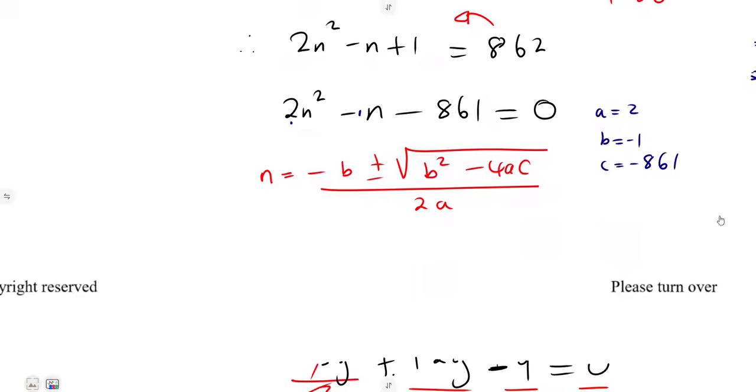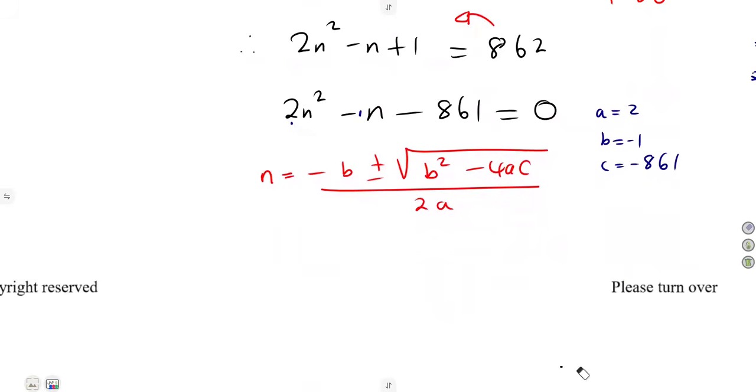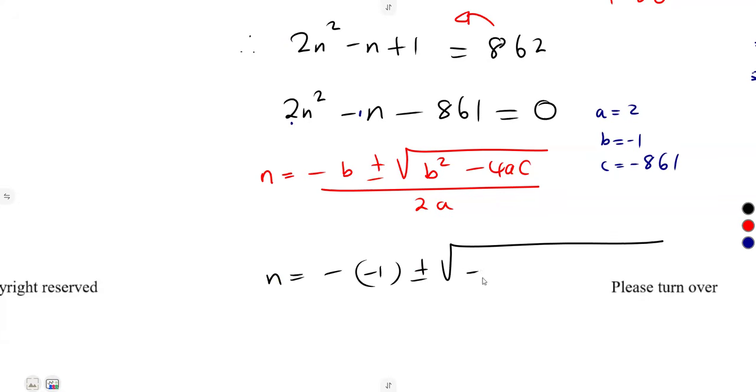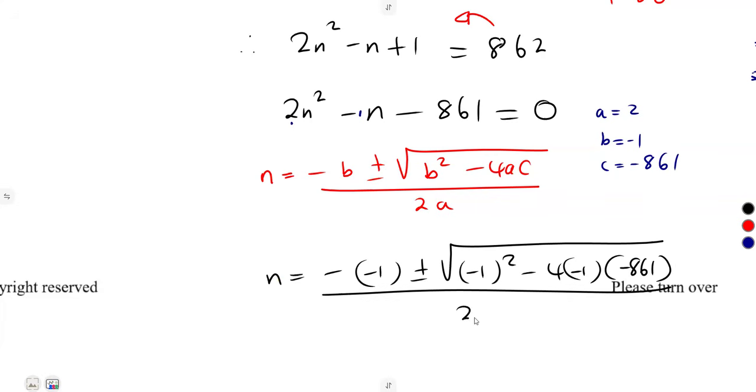Substituting into the formula, we can find the value of n. So n is equal to negative b, so that's negative 1 negated, plus or minus the square root of b squared, negative 1 squared, minus 4 times a times c, negative 861, everything over 2 times a, that's 2 times 2.